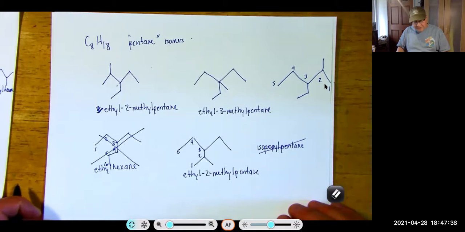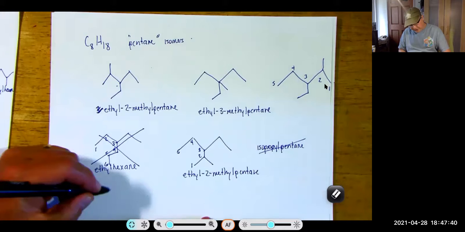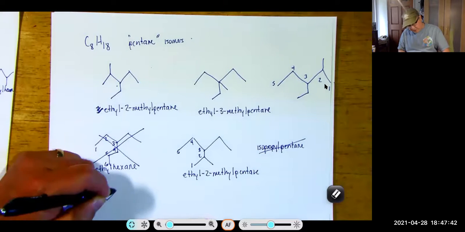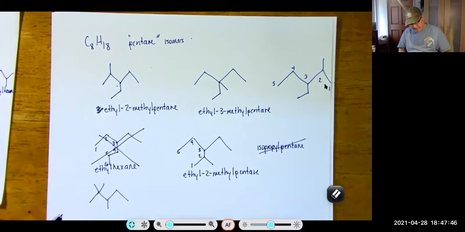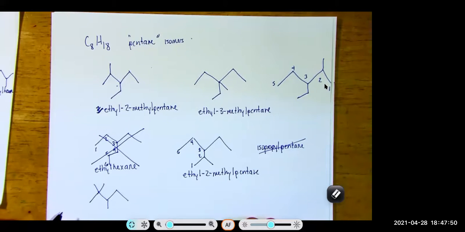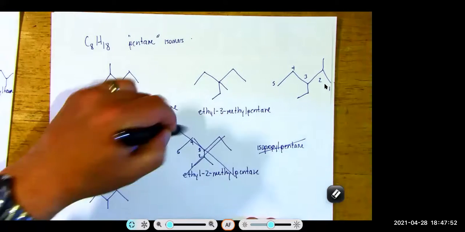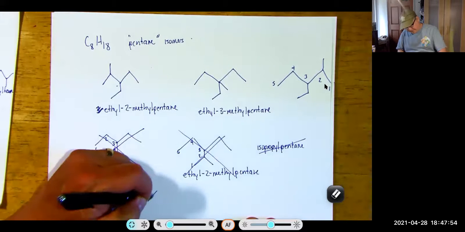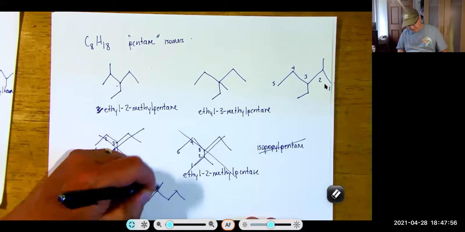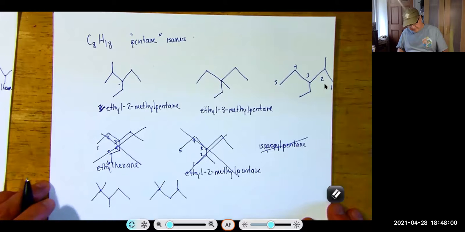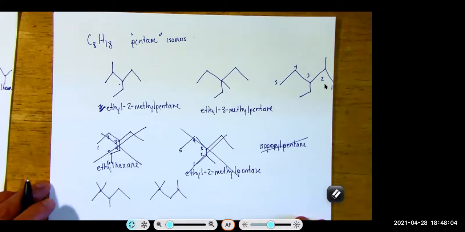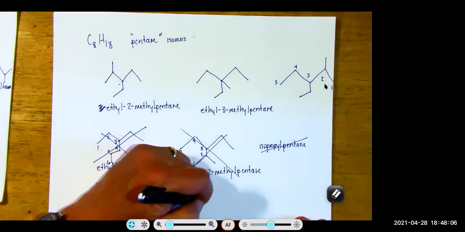We haven't finished the pentane ones, so let's go ahead and try and finish them up. Could I do that? Yeah. Could I do this? Move that guy over one. Could I do this?